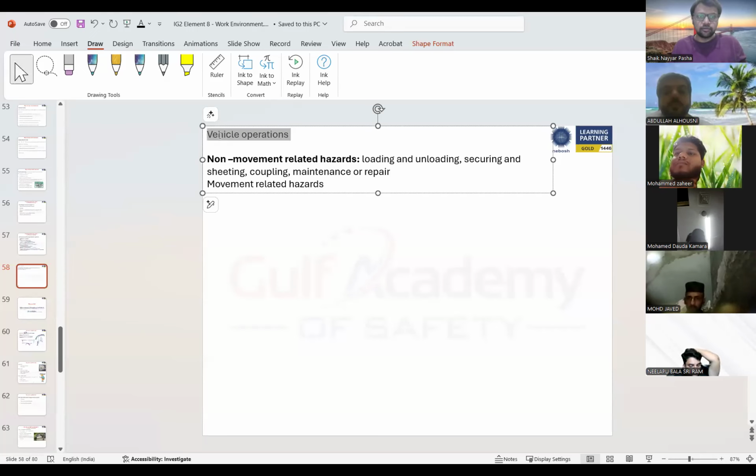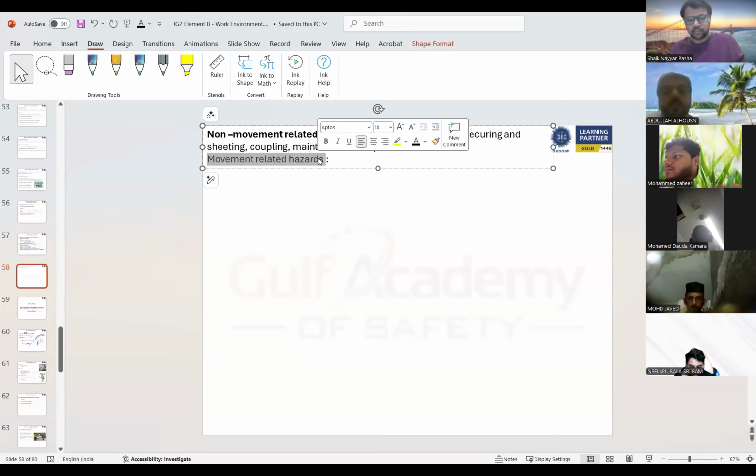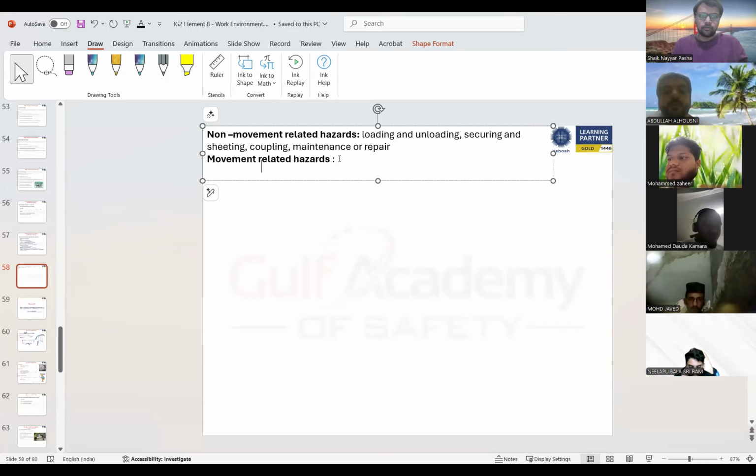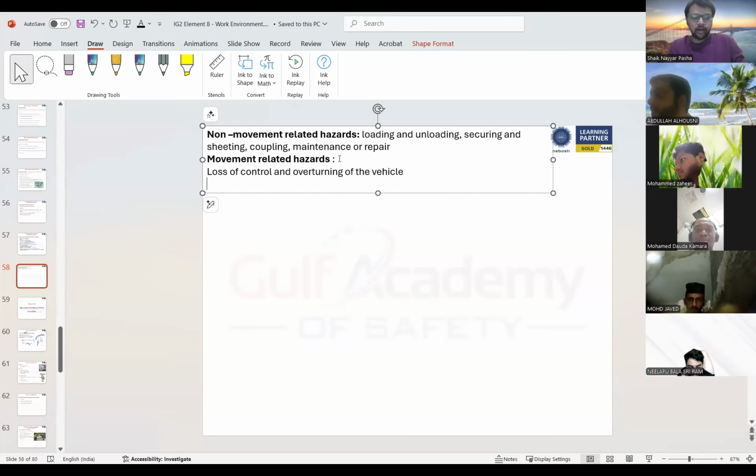Now, movement related hazards. When the vehicle is in moving condition, what are the hazards? First thing that could happen is the driver could lose control, and the vehicle could overturn. Or collisions can happen.